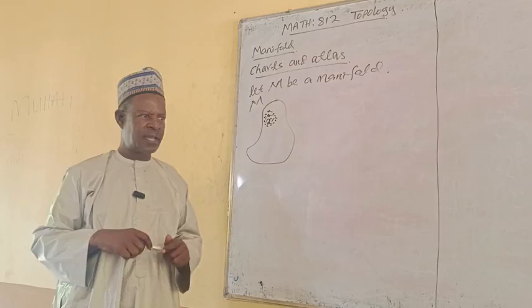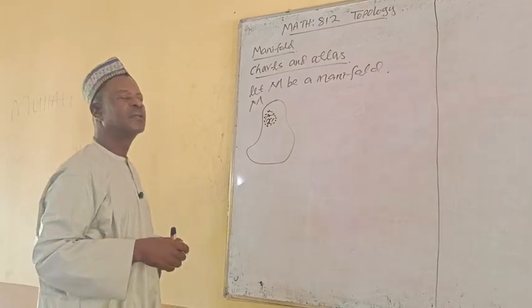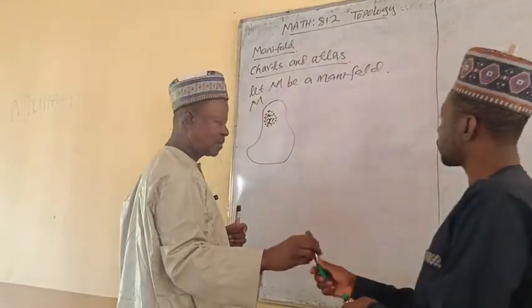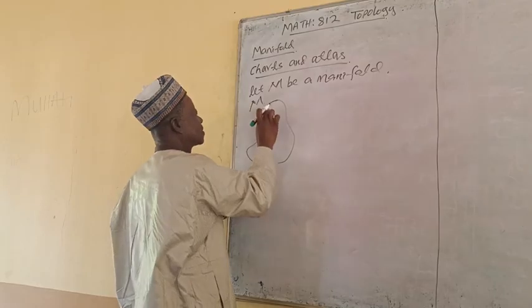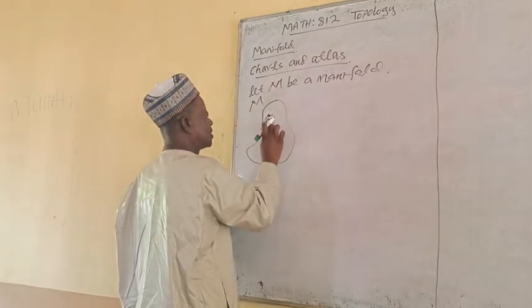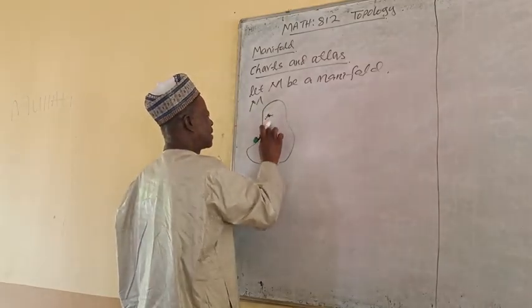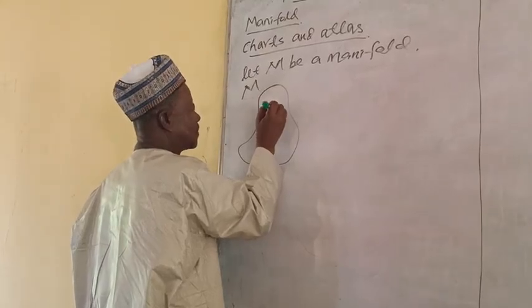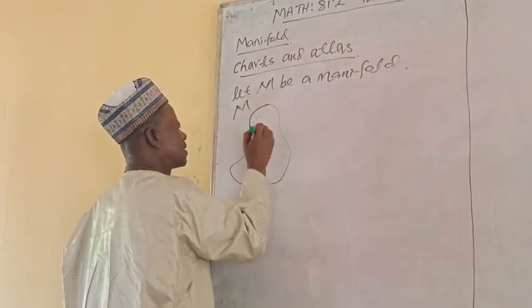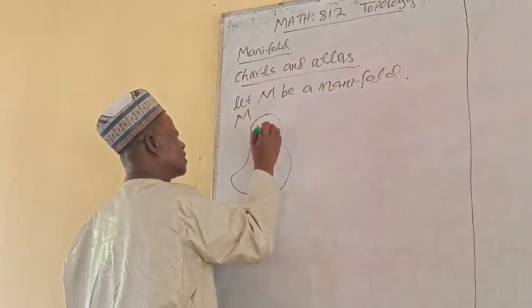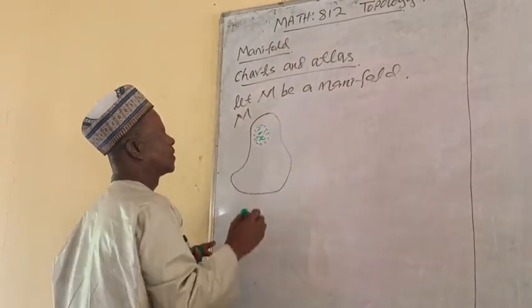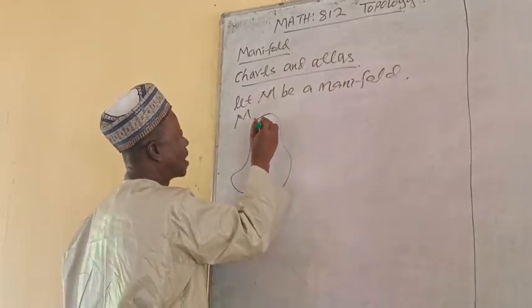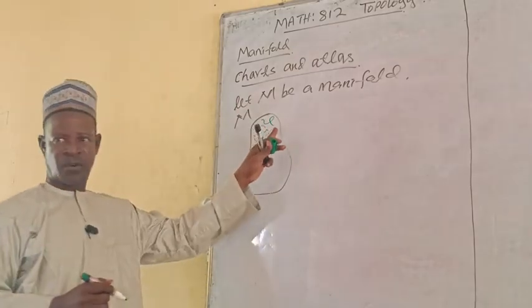Suppose this is my point X, and this point X is within some neighborhood of M. So let's say this is some U, some open set.